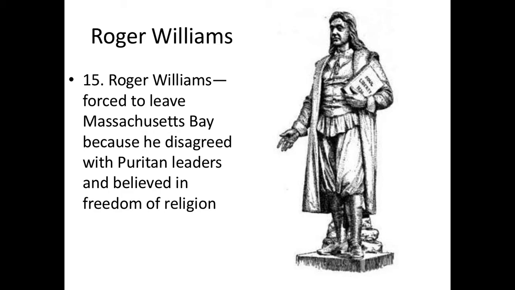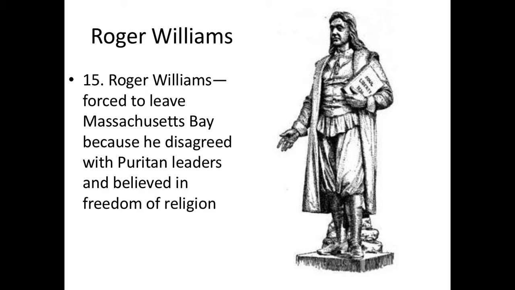And Roger Williams did not agree, and he voiced his opinion, and when he did, he was kicked out of the Massachusetts Bay Colony. And eventually, Roger Williams is going to go on to found the Rhode Island colony. He's going to make it after his own beliefs, obviously.